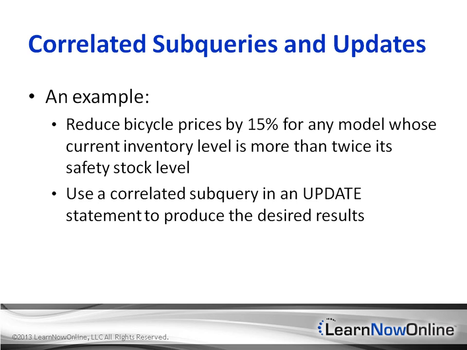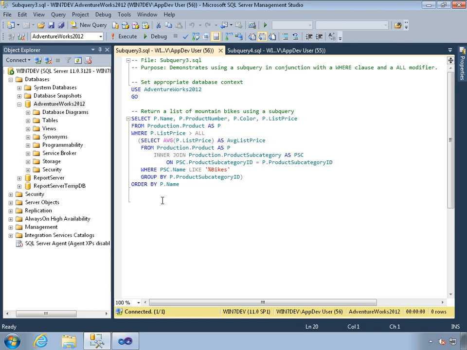Now let's go over to SQL Server Management Studio and take a look at some more subquerying examples. Okay, in this example, we're going to take a look at using the all modifier and using a subquery. The way that this subquery works is we want to calculate the average list price of our bicycles by category.